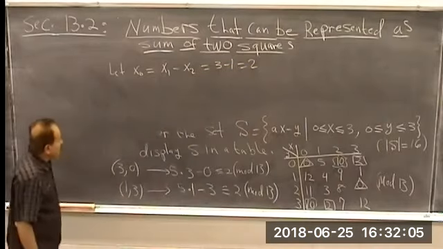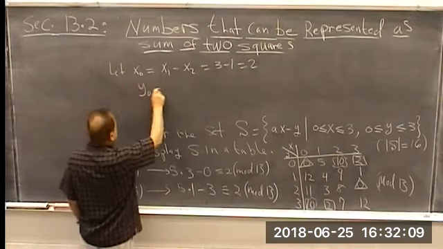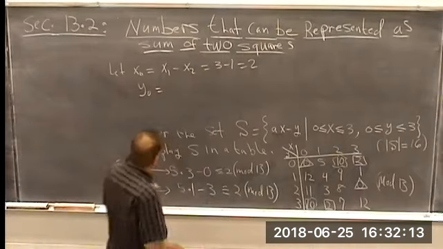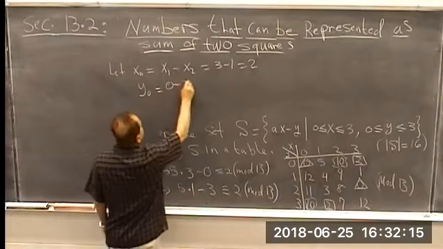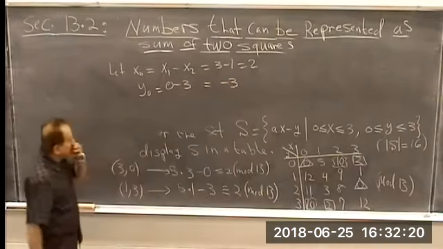And we're going to take the y sub 0 equal to, actually we could take 0 minus 3, and this is equal to negative 3. All right.